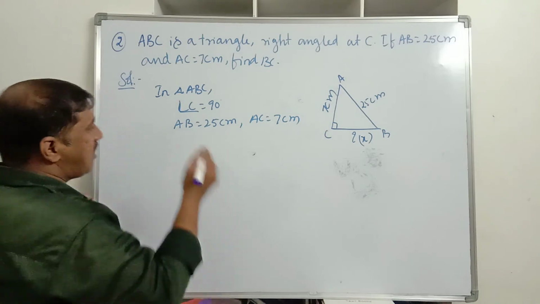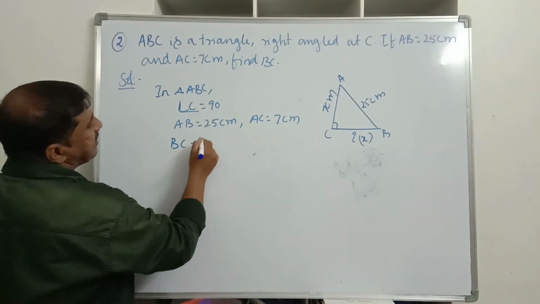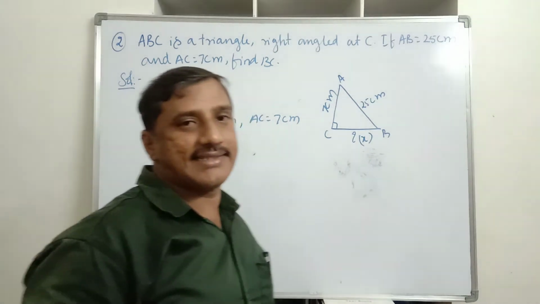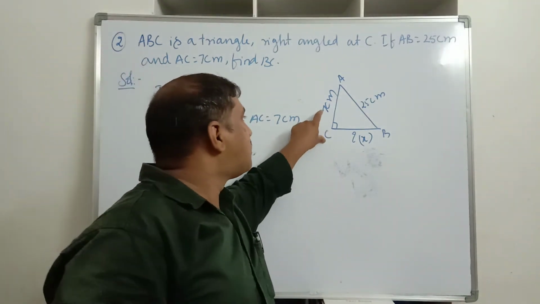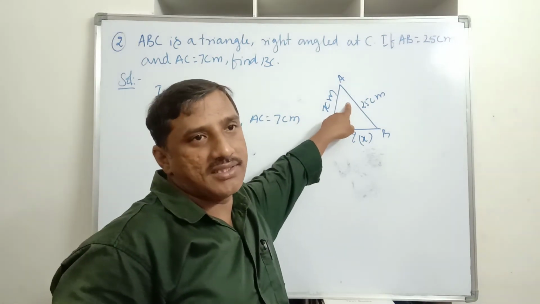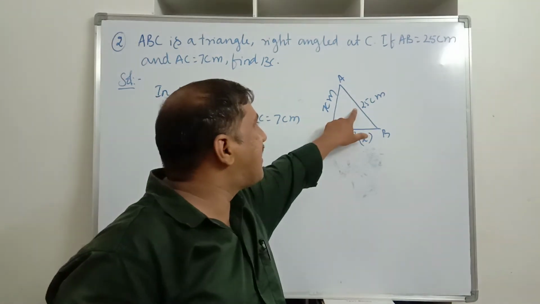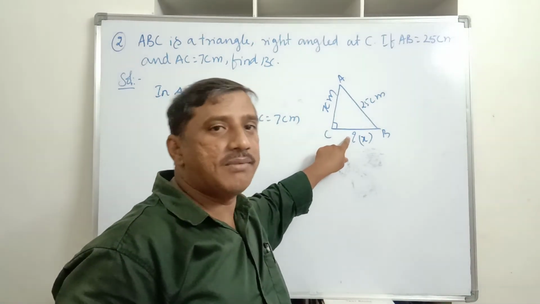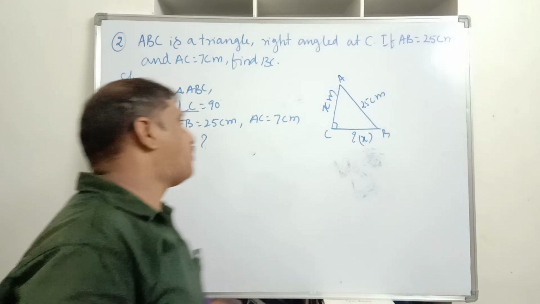We have to find BC. BC is equal to how much? We don't know, that's why we have taken it as X. In the previous sum, the two perpendicular sides were given and they asked us to find the hypotenuse. Now, the hypotenuse is given and one perpendicular side is given.